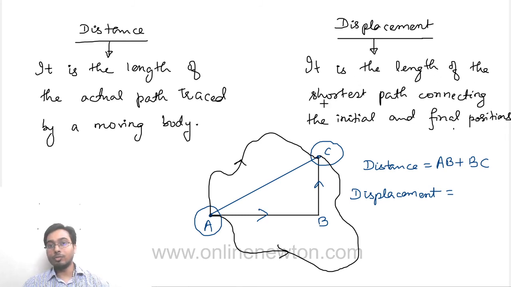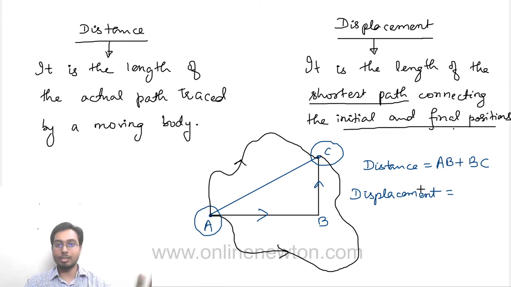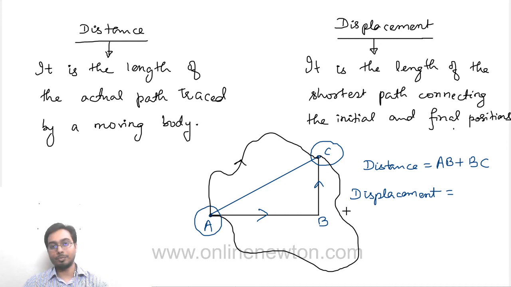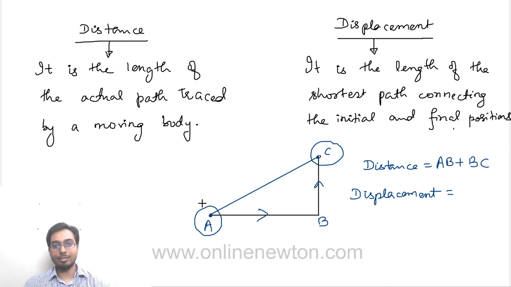It is the length of the shortest path connecting the initial and final positions. So all I need to look for is that length AC. Straight line length. So over here it would be the length of line segment AC. That's the displacement. So this is how we define distance and displacement, and this is how we find it.